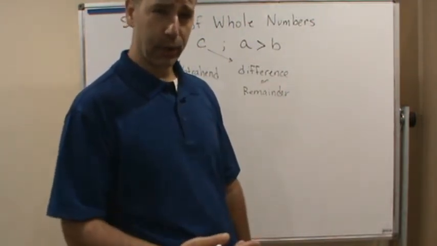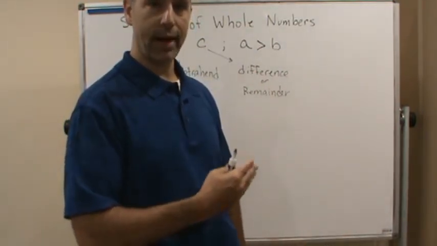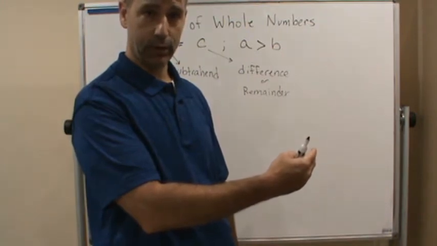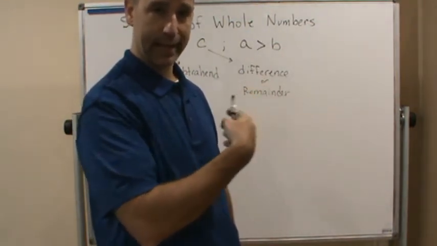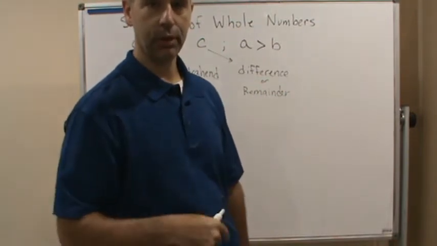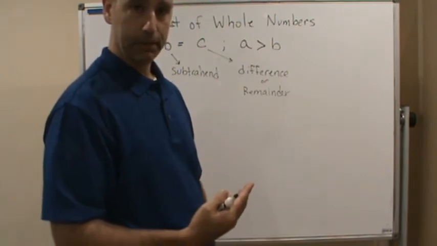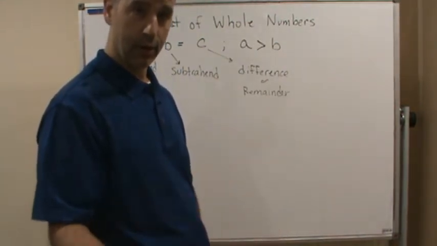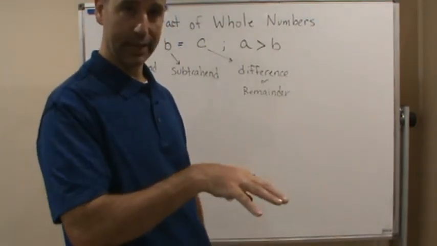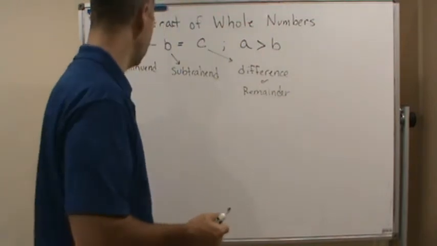But if there are no parentheses, if there's no groupings like that, then we always subtract left to right. Okay, so as we read a book across the page from left to right, that's how we are to subtract. So if you're subtracting more than two numbers, then you're going to subtract left to right if there's no parentheses. If there are parentheses, obviously we do what's in parentheses first, going by order of operations.